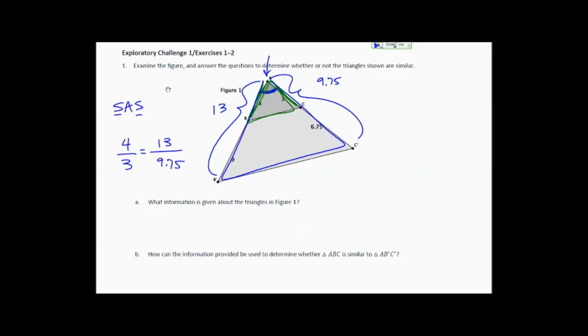And you can check that by dividing both of them or by cross-multiplying and seeing if you get the same number. I'm going to divide these. 4/3 is 1.3 repeating. And 13 divided by 9.75 is 1.3 repeating. And so, yes, they are proportional. And so these two triangles are similar by the side, angle, side similarity criteria.